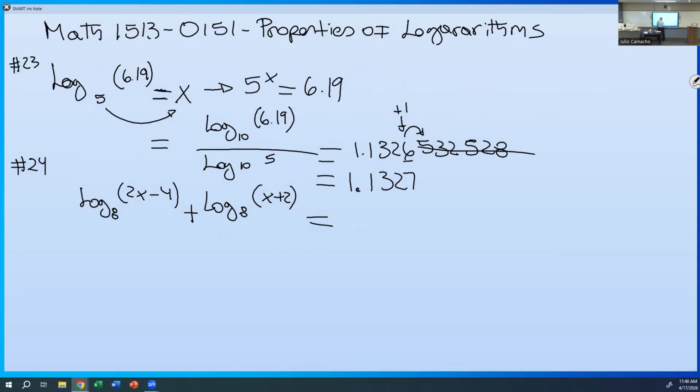The equality rule says that when you have the same base, you can say that the sum of the two logarithms, which equals 2, can be written as the product.